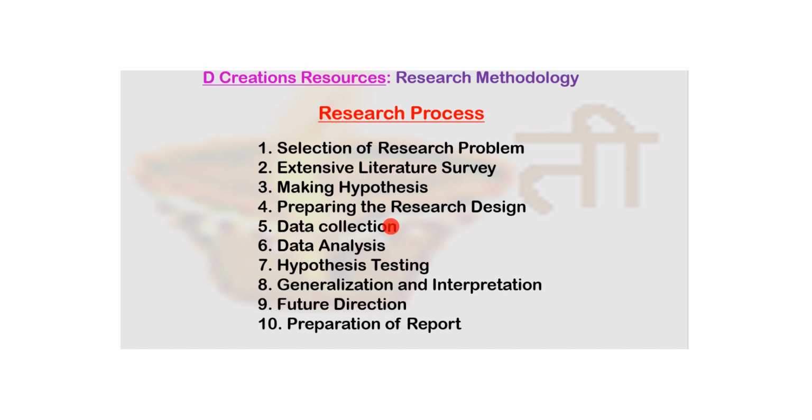Then of course is the crucial step of designing your research. Now suppose it's experimental research, you need to decide what kind of procedures, what kind of techniques you are going to use. For example, if it's nanotechnology and you want to find a new method of synthesis, then you have to work in that direction.